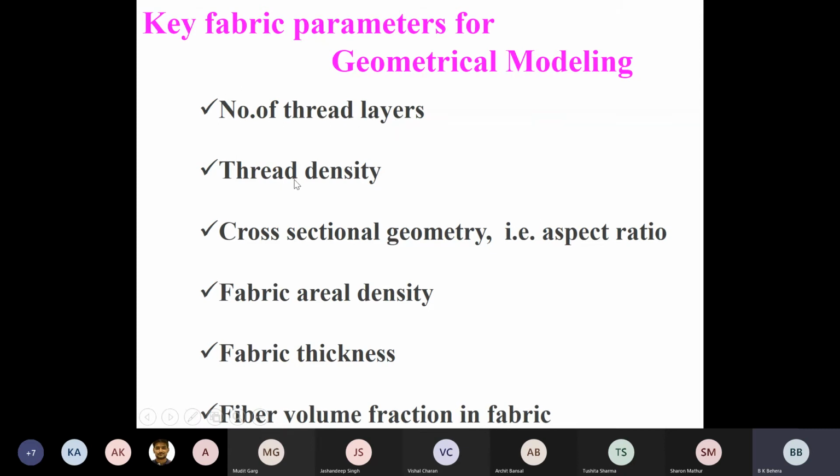So if we are calculating the number of threads per inch, you have to first remember the number of layers. In each layer, you can find the thread density, let's say 5 threads. So if it is a 4-layer fabric, 5 into 4, 20 threads per unit distance. That is how you have to carefully calculate thread density.